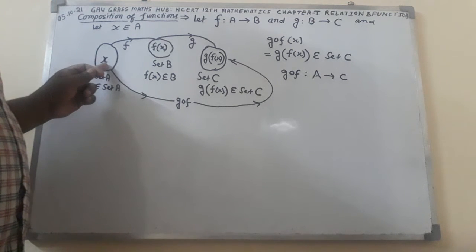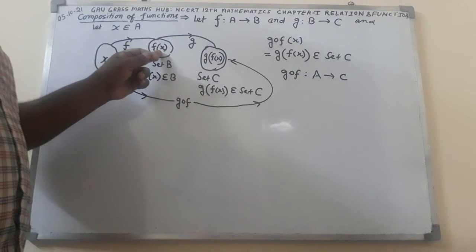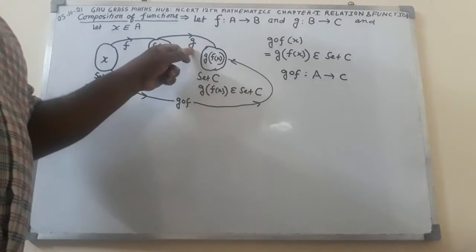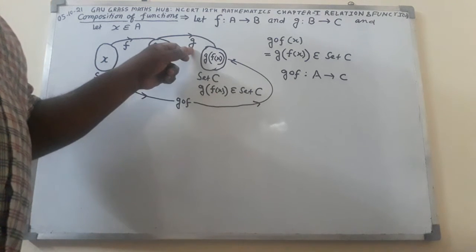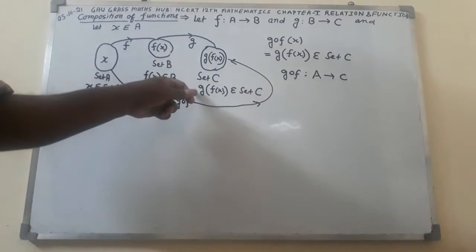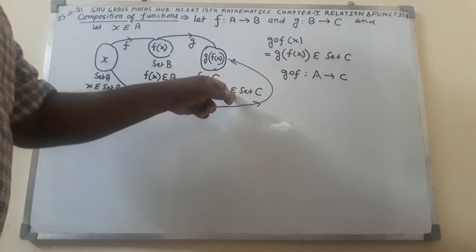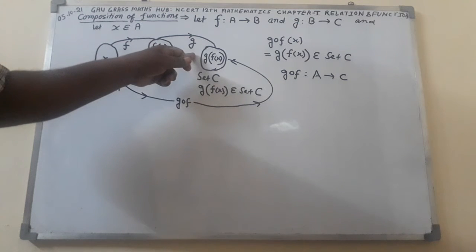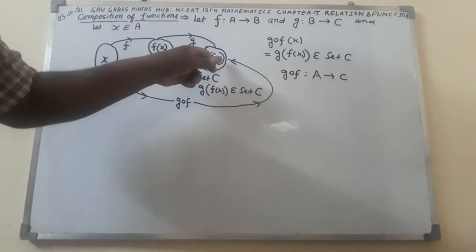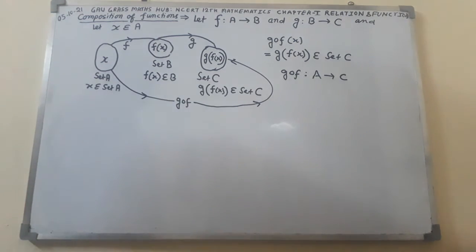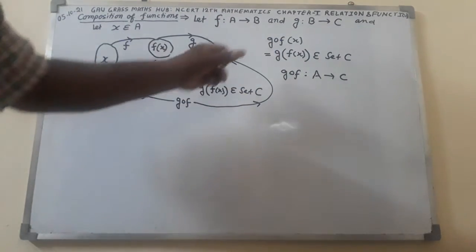The image of x is f of x. f of x will be an element of set B. The image of f of x is g of f of x. g of f of x will be an element of set C. Here I have represented g of f of x.